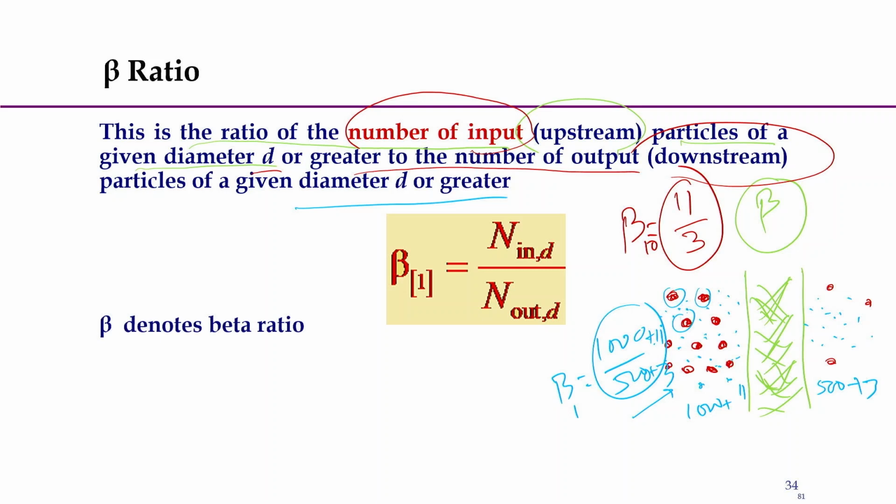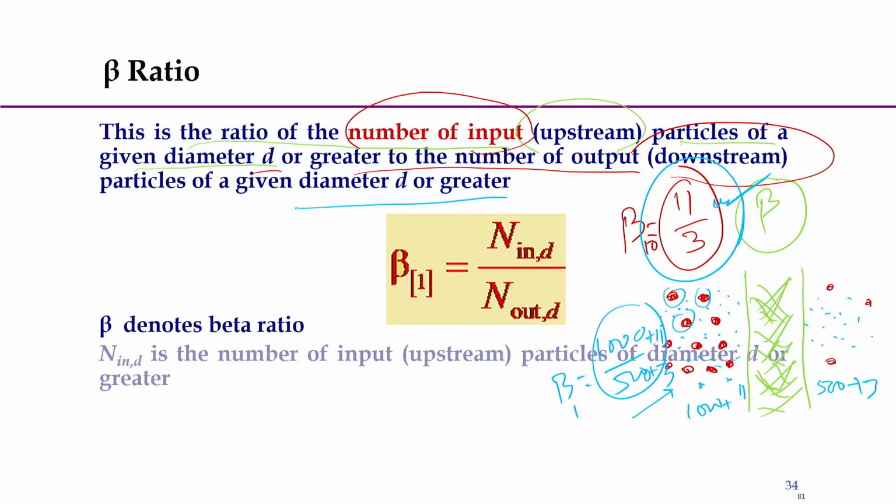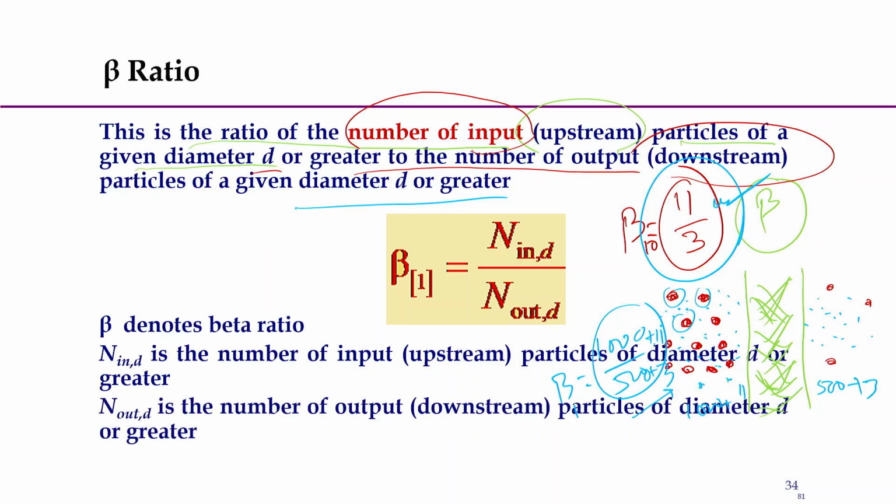So, this is for the largest size we consider, say 10 micron, and for 1 micron we have to consider 1 micron plus 10 micron. So, this way we can calculate the beta ratio. The advantage of the beta ratio is that it specifies the particle size.